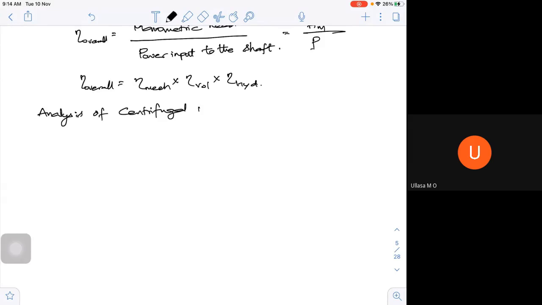We are going to analyze this pump for different conditions. The first one is the effect of your exit blade angle beta 2. Effect of beta 2 on your head developed, that is your H.